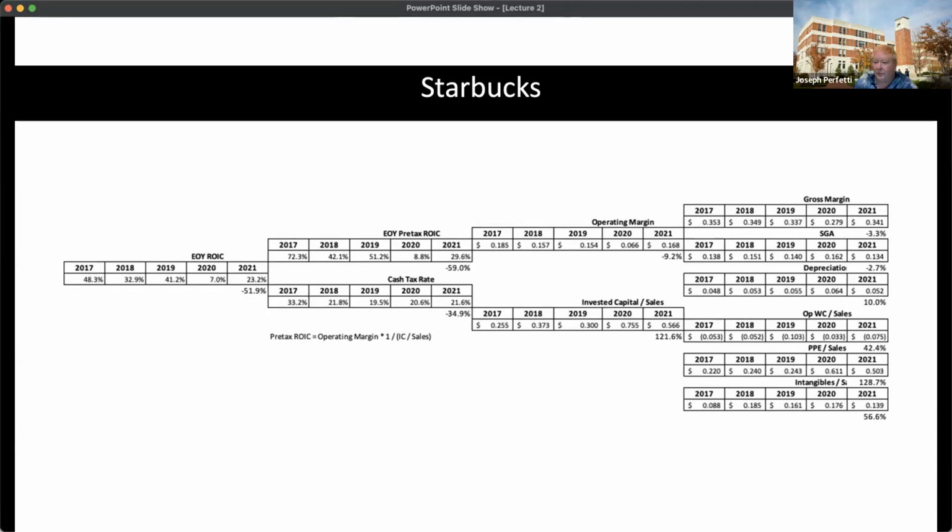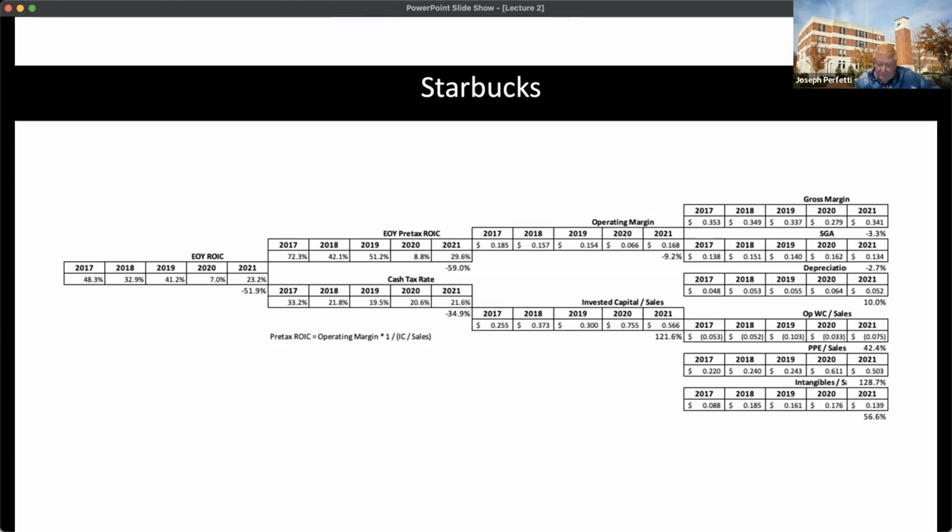Okay, so what I've done on this tree, using only operating items, is calculate Starbucks operating end of year ROIC. The acronym EOY means end of year, which means it's based on December 31st data. Okay, in the homework I had you do beginning of year. Here I'm just using end of year statements.